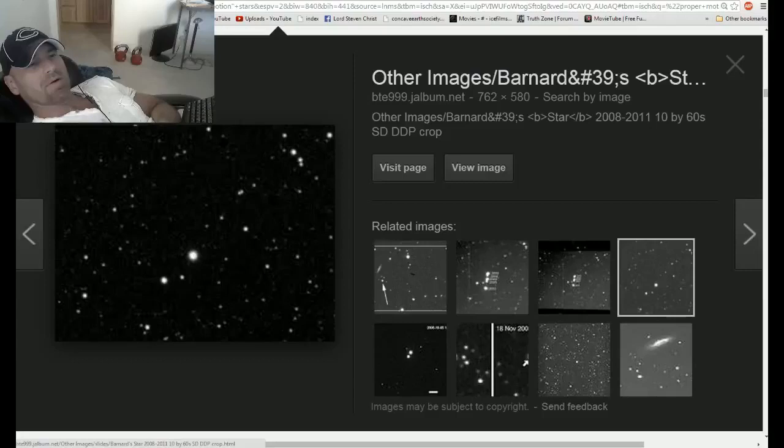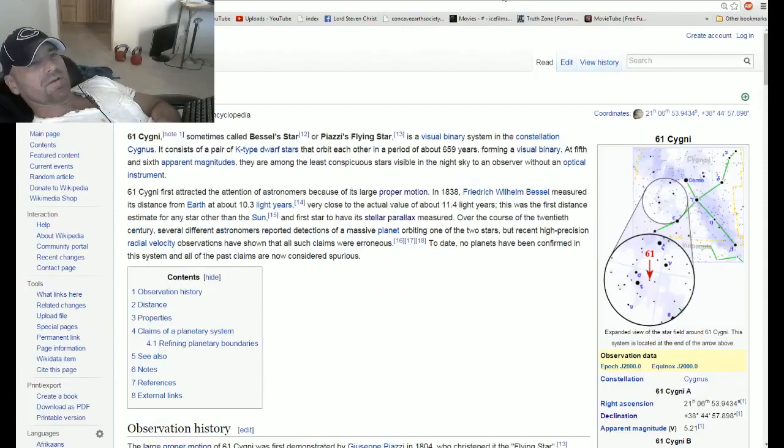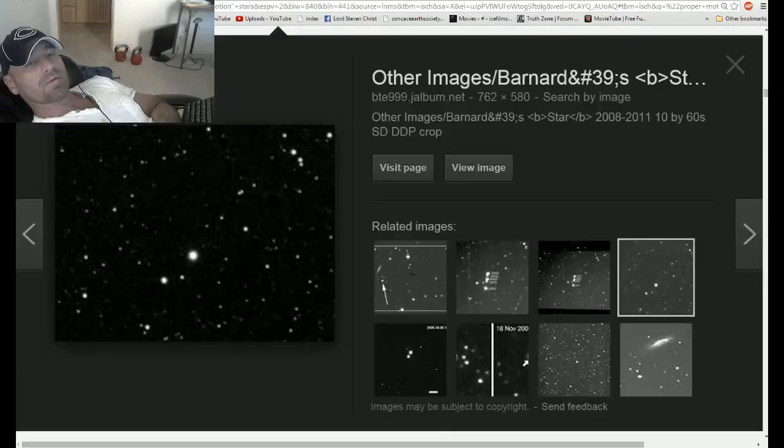Here's one called Barnard's star, one of the stars that has the largest known proper motion.